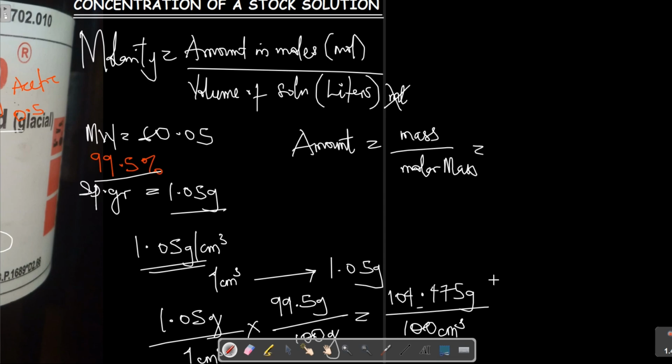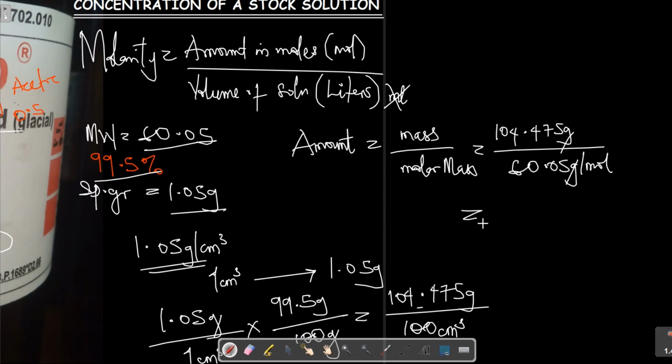Our mass is 104.475 grams over the molar mass of acetic acid, which is 60.05 grams per mole. When you divide this, you have 1.74 moles.